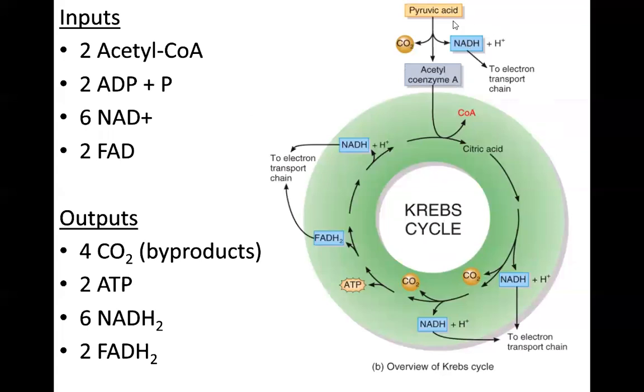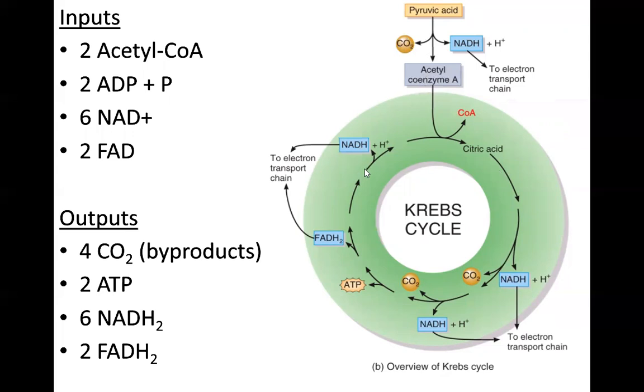So here's our transition reaction, where we take our pyruvic acid and convert it to acetyl-CoA, which is able to enter into the Krebs cycle. We call it a Krebs cycle because we start here and we'll end up back at the same spot we started with.